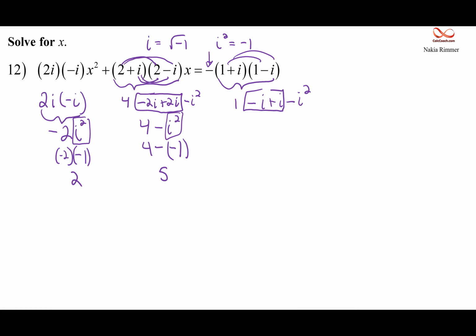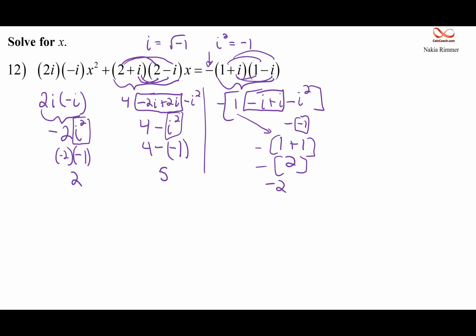The minus i and the plus i cancel. The minus i squared is a positive 1. And then we add the 1 to it from here. That's just a fancy way of saying 2. All of that has a negative on the outside. And so our result then is a negative 2.